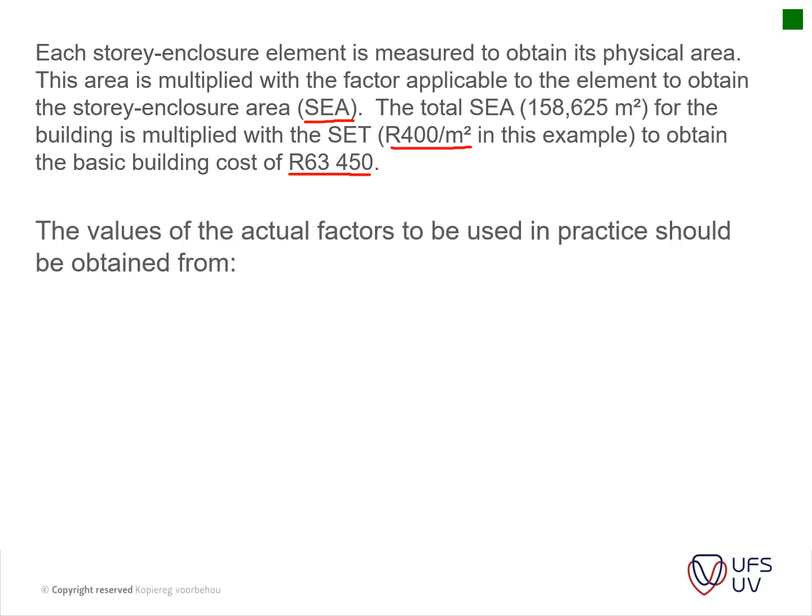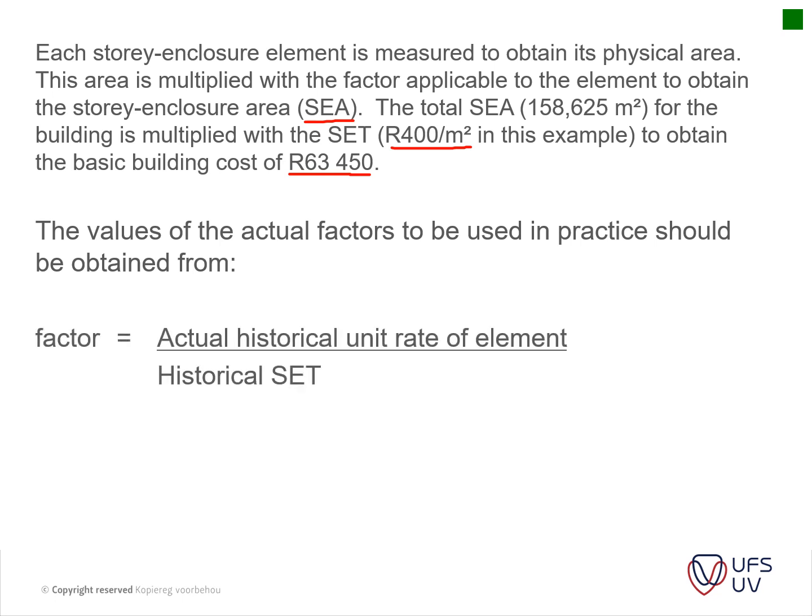The values of the actual factor to be used in practice is represented by the following formula. You have your actual historical rate of the element, and then you divide it by your historical enclosure tariff. This was shown in the example above.